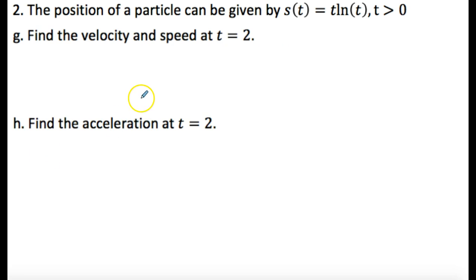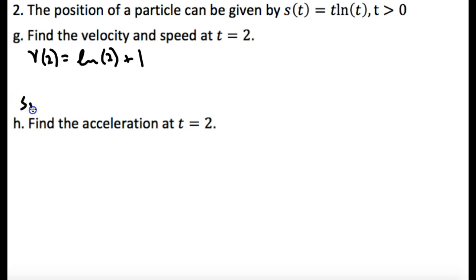Now, you guys take a second and find the velocity and acceleration at t equals 2. All right, so velocity was natural log of t plus 1. And I can't really do any simplification. I'll just leave it as natural log of 2 plus 1. I could put it in the calculator and get a decimal, but we'll just leave it like that.